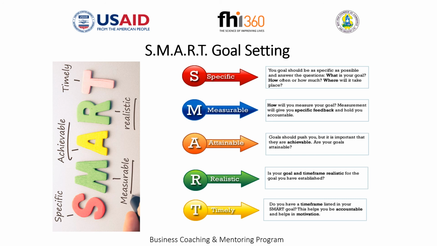Your goal should also be realistic. So is your goal and time frame realistic for the goal you have established? So realistic and attainable, they also work hand in hand, and it works hand in hand with time frame. So the $500,000 could be a very realistic goal if you say by the end of the year.